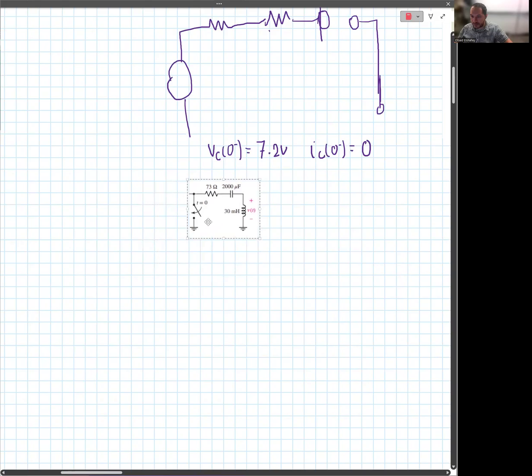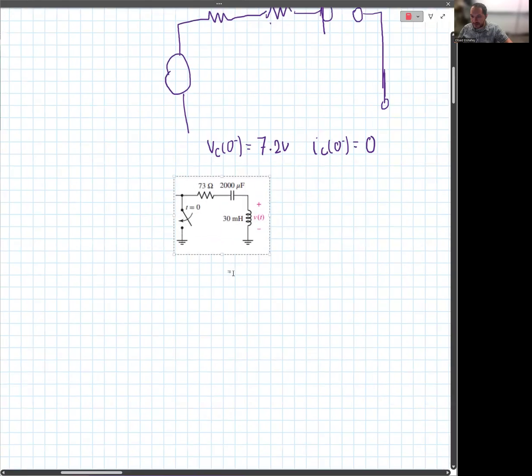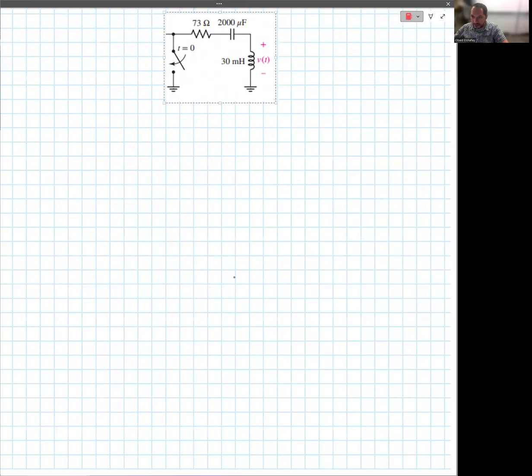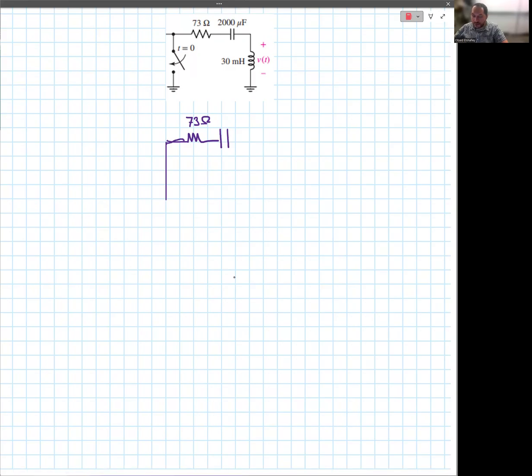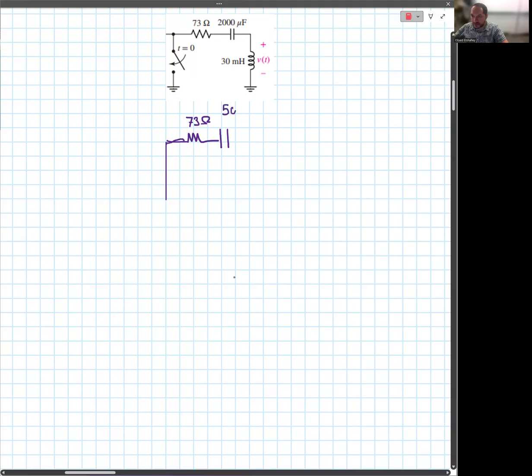Let's get its equivalent S domain. So we have a resistance of 73 ohm, remains 73 at S domain. We have a capacitance. So capacitance is 1 over SC, 1 over 2000 micro, which is 500 over S. Please check if you are solving.